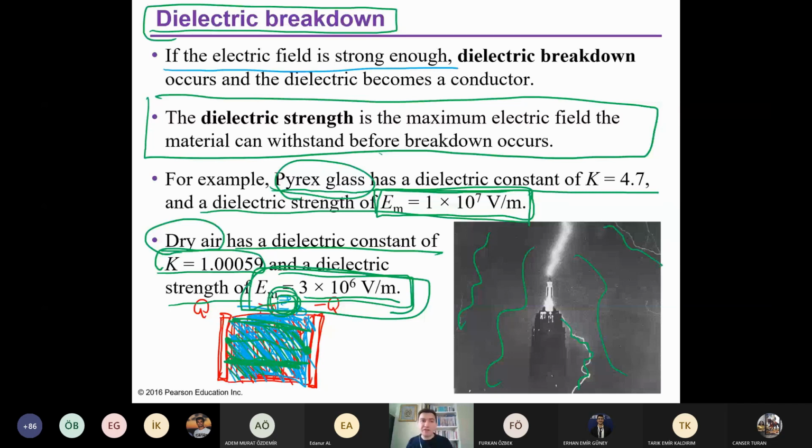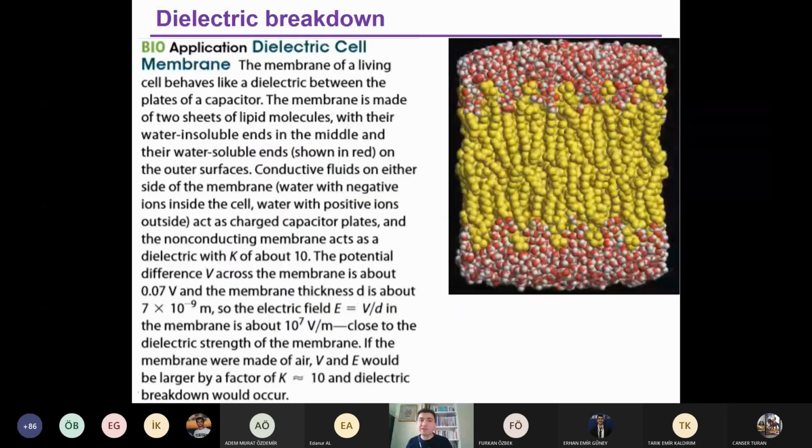Let me show you here a bio application, the dielectric cell membrane. In my previous lectures, I have shown you nerve cells. This is the inner part of the cell, and here we have a membrane. This part is an insulator, and this is a conductor, it is charged.